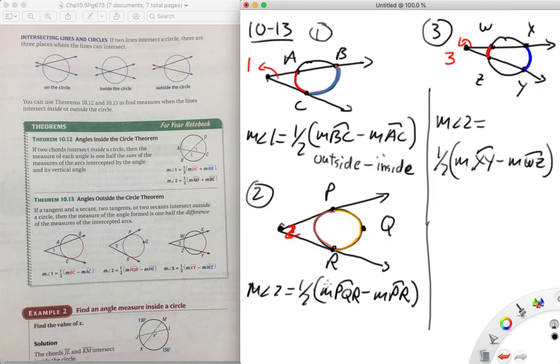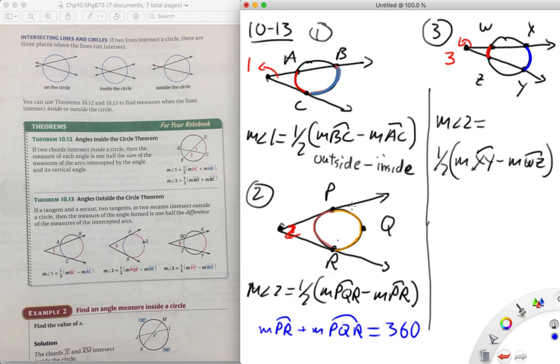So if I wanted to find out what these guys sum up to, if I was to add the measure of PR plus the measure of PQR, I know that since the whole circle is captured, if I add them up, I'm going to get 360 degrees.